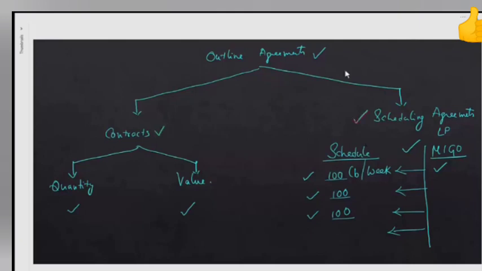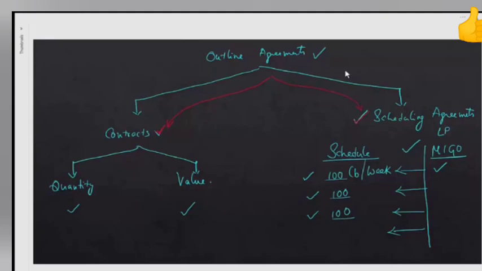So scheduling agreements and contracts are the two types of outline agreements that are used in SAP. Both are very similar, contracts and scheduling agreements. A contract specifies either a value or a volume of how much can be procured within a particular time.